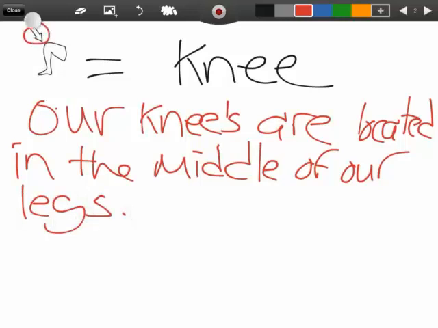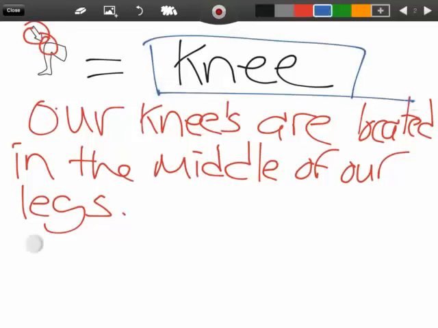That is this right here. This is our knee. And I'm going to go ahead and use knee in a sentence so you could understand it much more clearly.